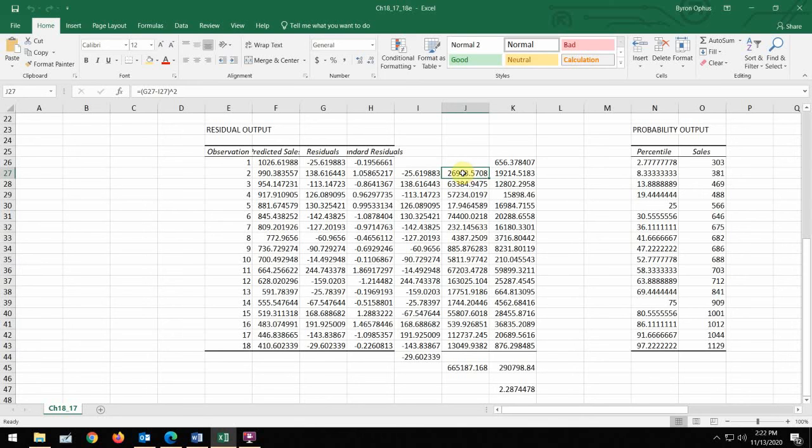If we do this once, then we can just copy it down. I'm sorry, I need to start over. Because we're kind of forecasting here, we have to bring these residuals down one level, so that our error is in line with the next period.